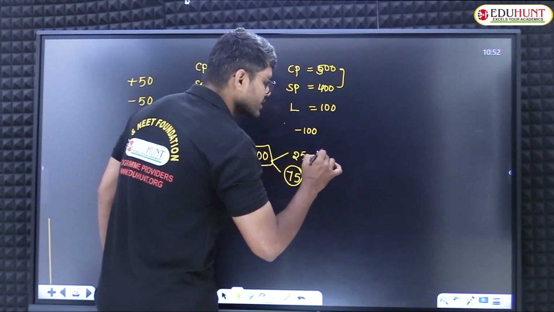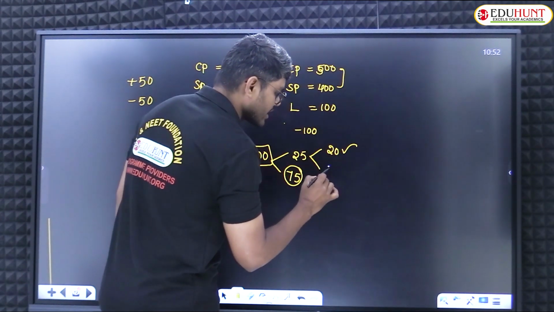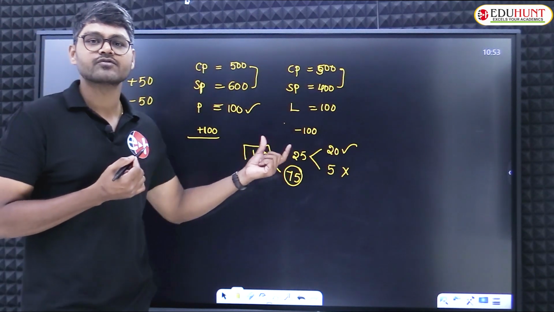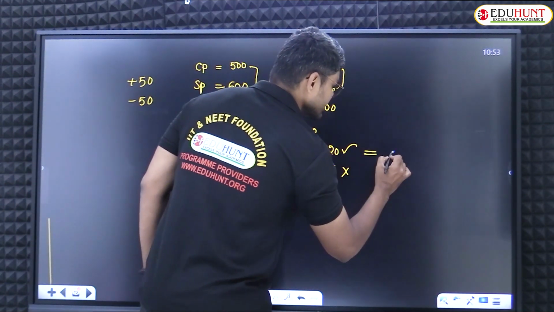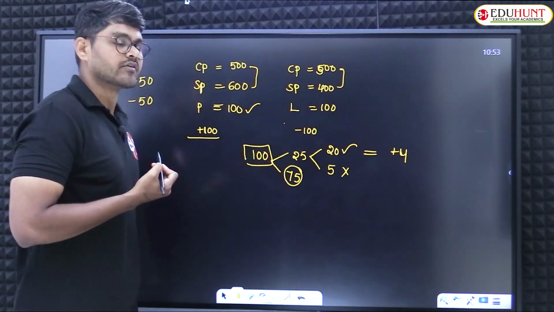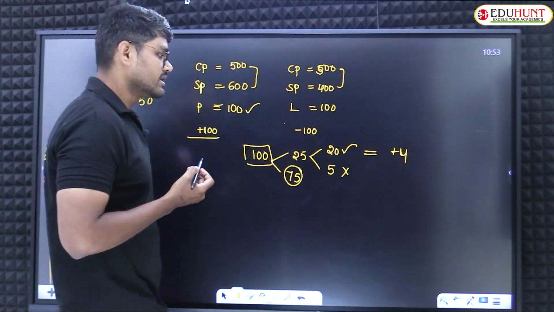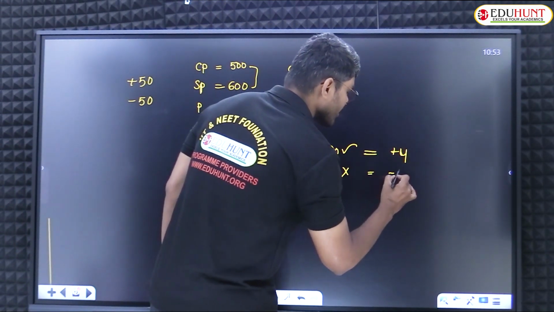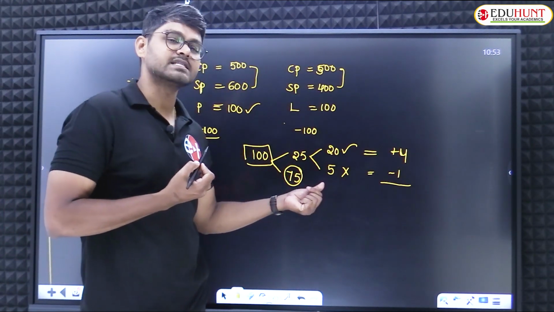In these 25 questions, 20 are correct and 5 are wrong. Each correct question carries 4 marks. That means, how do I represent this? For each correct answer, I will get 4 marks, plus 4. For each wrong answer, I will lose minus 1 mark. That is represented in this manner.